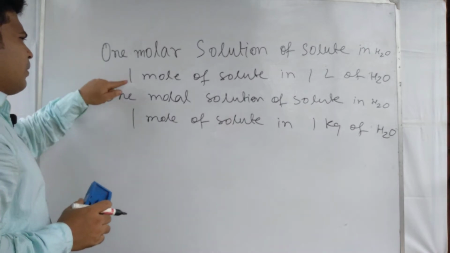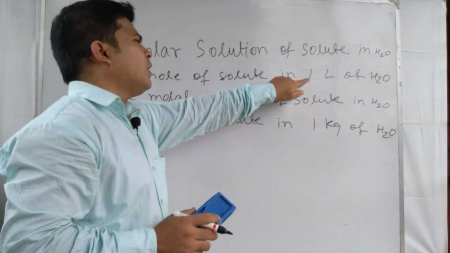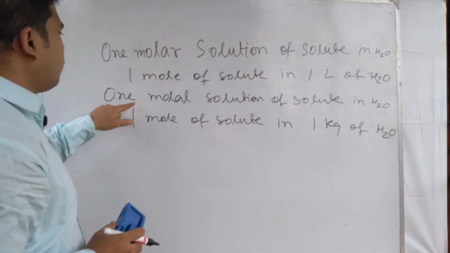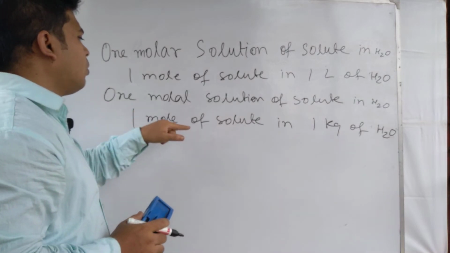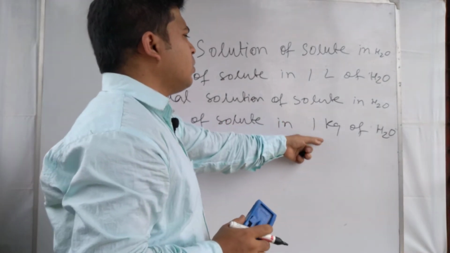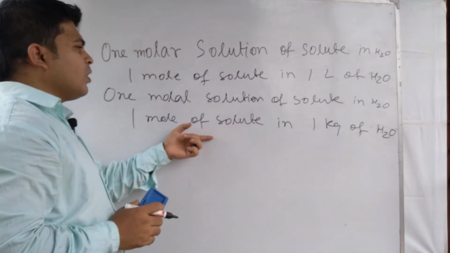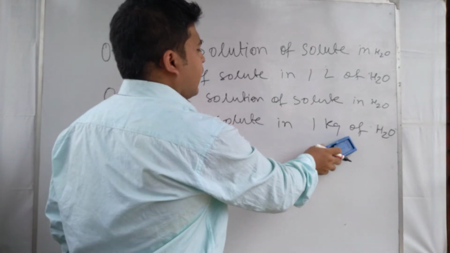See the differences here: for the molar solution, 1 mole of solute is dissolved in 1 liter of water, and for the molal solution, 1 mole of solute is dissolved in 1 kg of water. It is 1 kg and it is 1 liter.